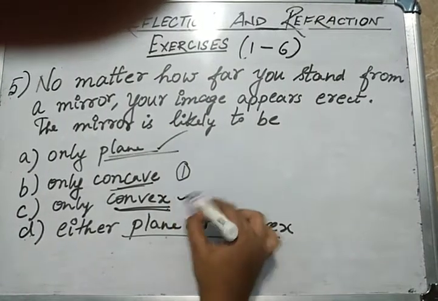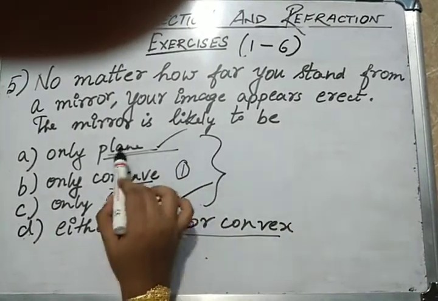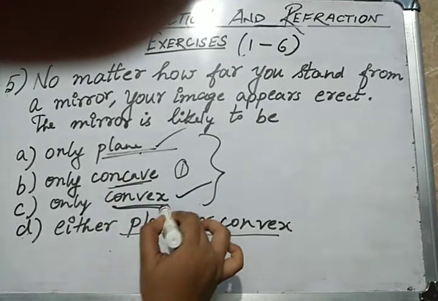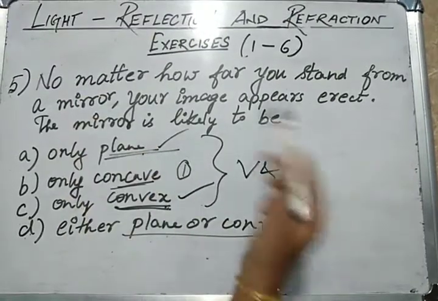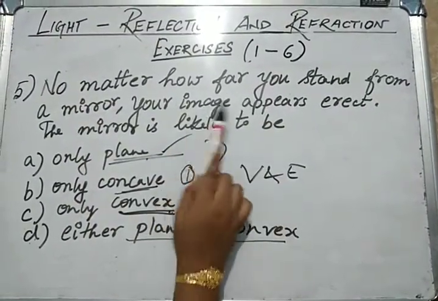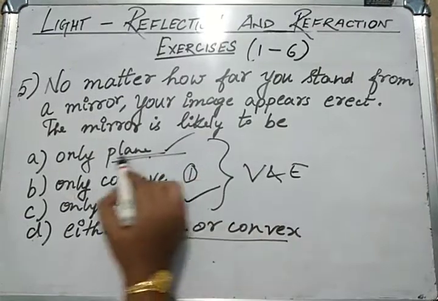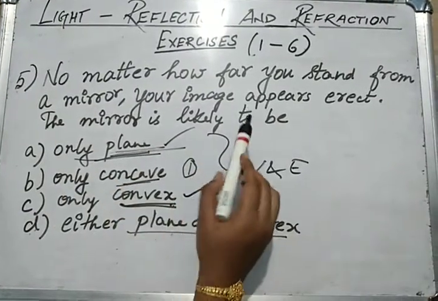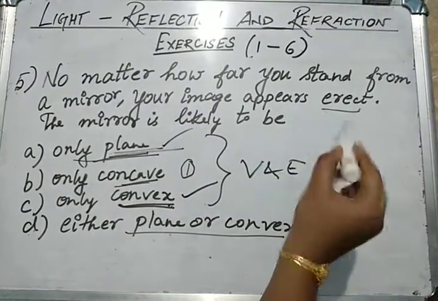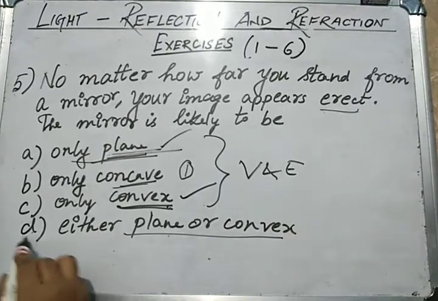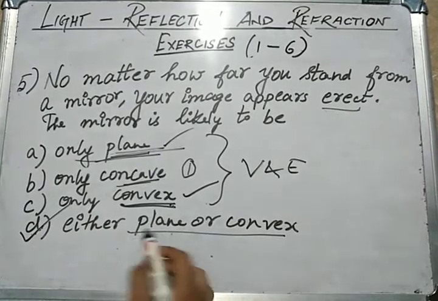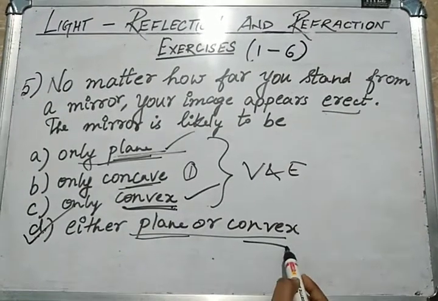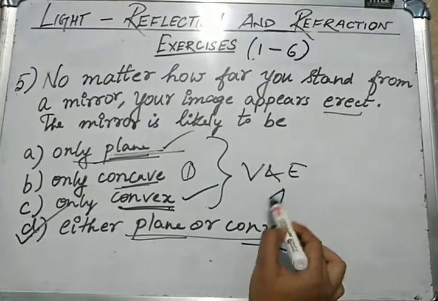So both are applicable. Here the size is not mentioned. If it was, the size is always the same, then it was only plane. But the question is, it appears erect, which means it is also virtual. So put a tick on this option D. It is either plane or convex, because our condition is only virtual and erect.